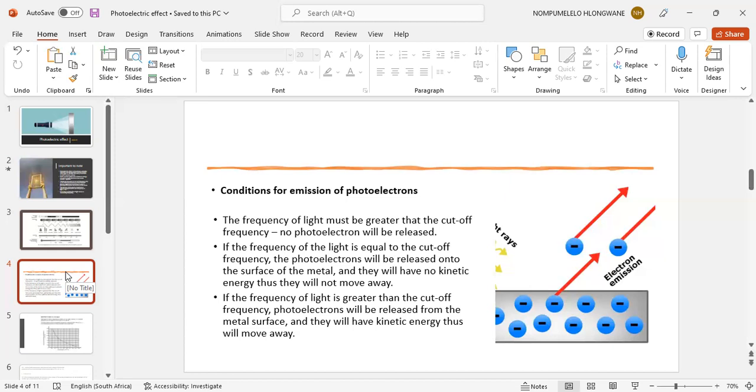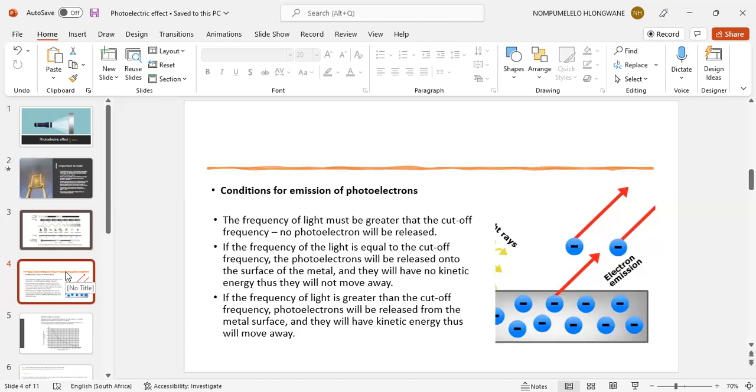But in another case, if the frequency of the incident light is greater than the cutoff frequency or the threshold frequency, the photoelectrons will be released from the surface and they will have kinetic energy because the incident light has a higher frequency than the threshold frequency.